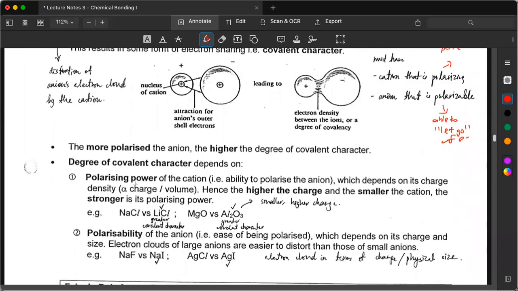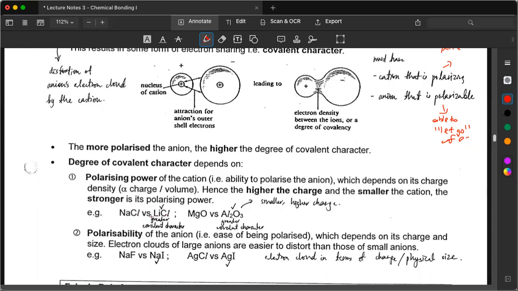Number one, the polarizing power of the cation, which is the ability of the cation to polarize the anion, which depends on the charge density, charge over volume. So the higher the charge and the smaller the size of the cation, the stronger the polarizing power. Higher charge is quite understandable, but a smaller cation means the valence shell electrons are closer to the nucleus, so the attraction is stronger.